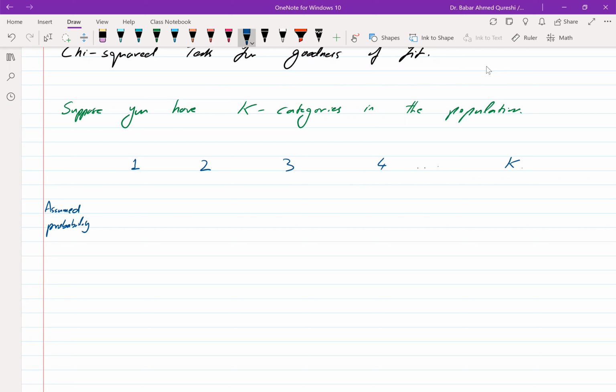So for example, if you have a population in a country and there are people from, let's say, 10 ethnic backgrounds, now each category would be a possible ethnic background of the population.